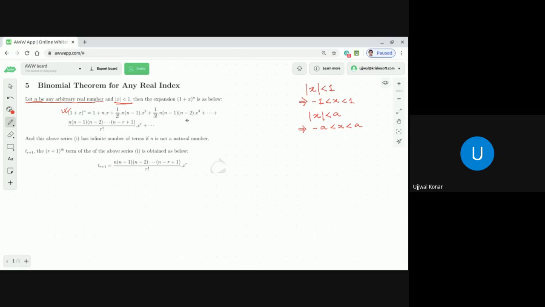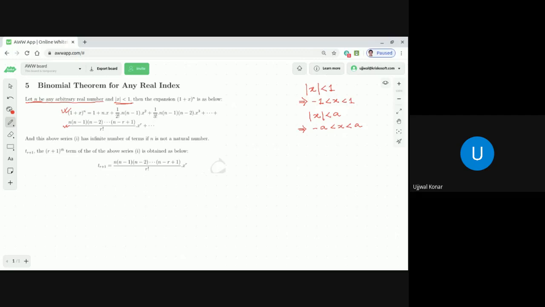And it is an infinite series. That means you will find its (r plus 1)th term as n into (n minus 1) into (n minus 2) dot dot dot up to (n minus r plus 1) by factorial r into x power r.